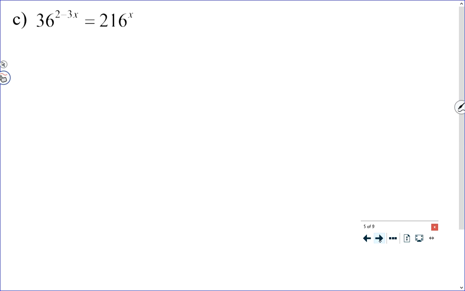36 raised to the 2 minus 3x is equal to 216 raised to the x. Now in the last question, we were able to take the smaller base of 3 and raise it to an exponent to get the bigger base. So let's see if that works with 36. Maybe 36 squared gives us 216.